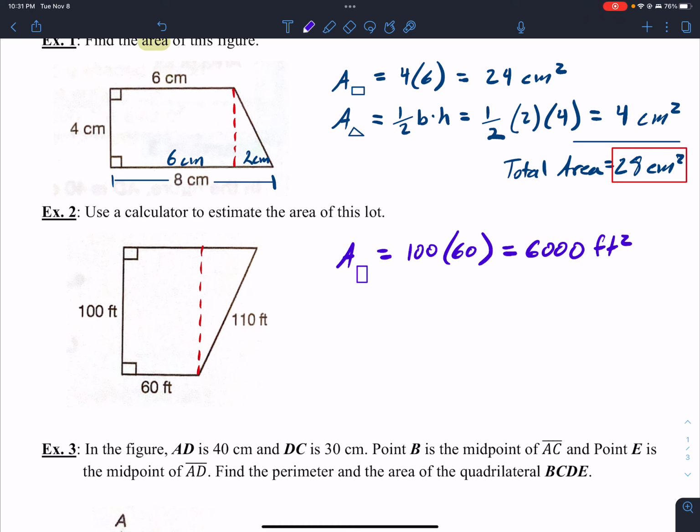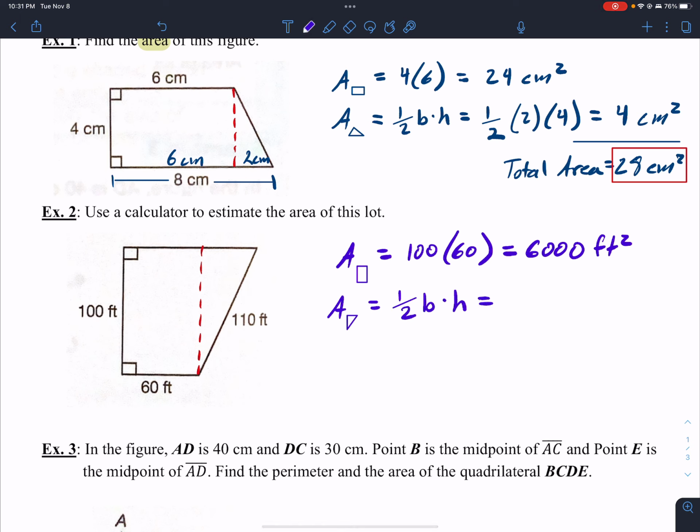And then the area of the triangle is where we are going to run into some trouble, because in order to find the area of the triangle, we need 1/2 base times height, but we don't have the base.